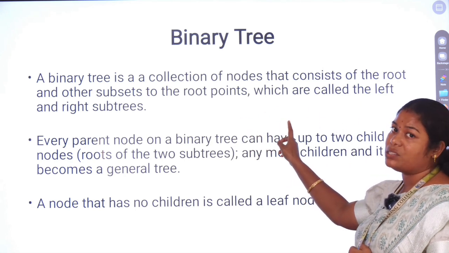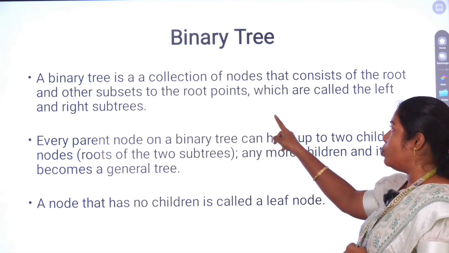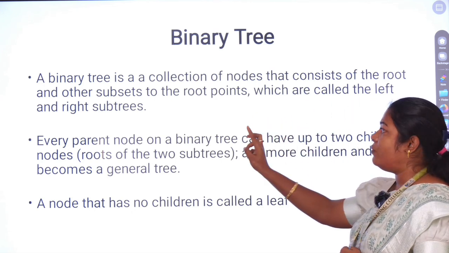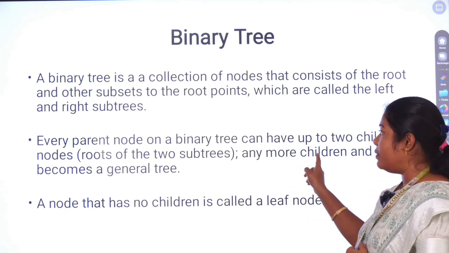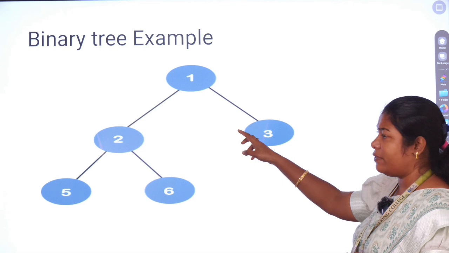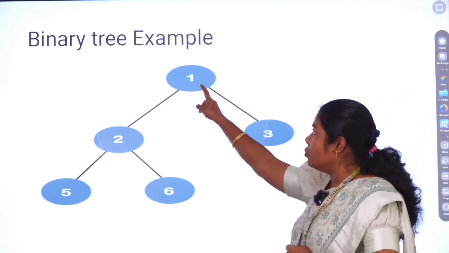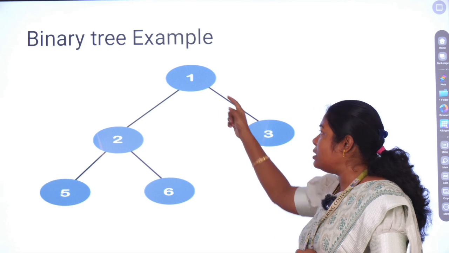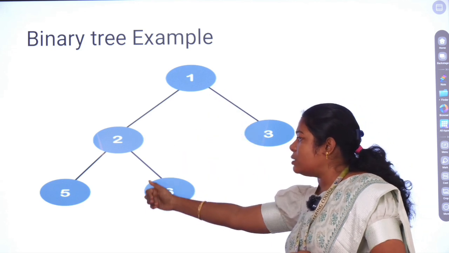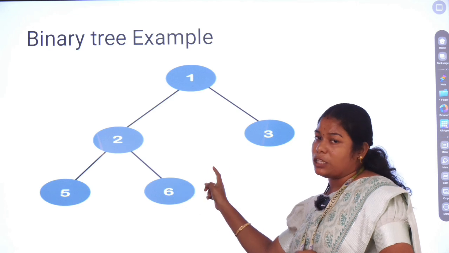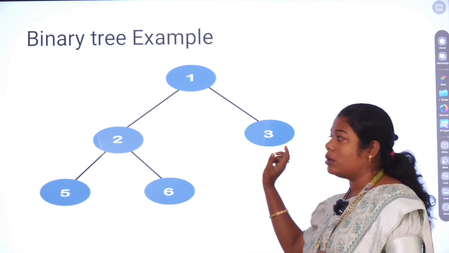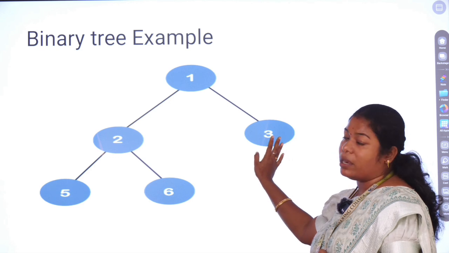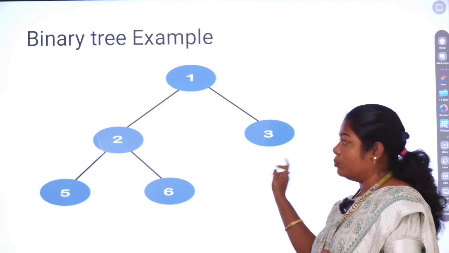Subsets are nothing but the child nodes of the root, which are called the left and right subtree. For example, 1 is the root node, followed by 2 and 3 as its child nodes, and 2 has children 5 and 6. A maximum of 2 children is allowed in a binary tree, not more than 2.